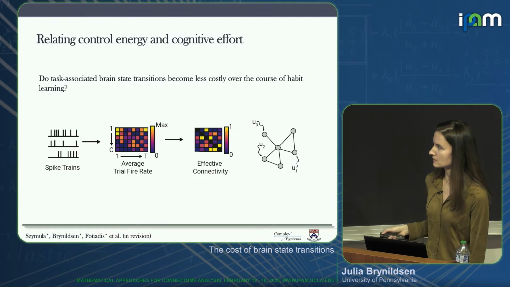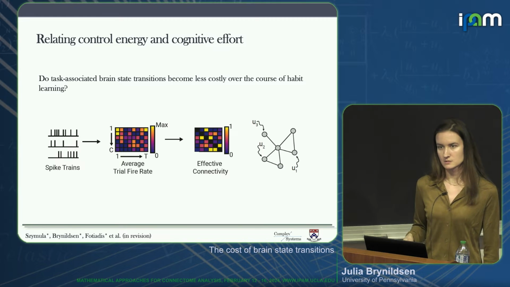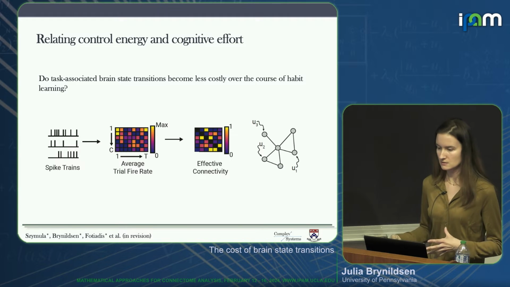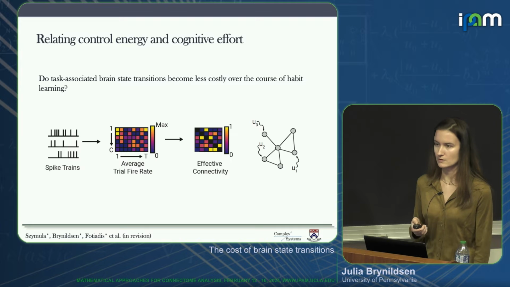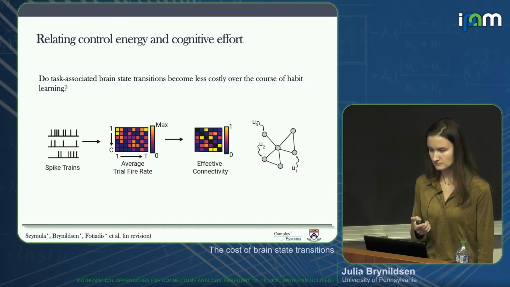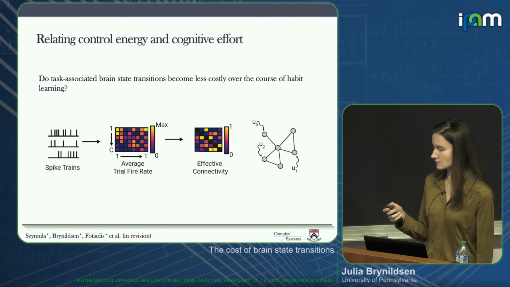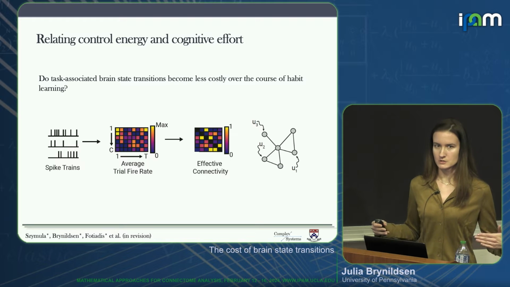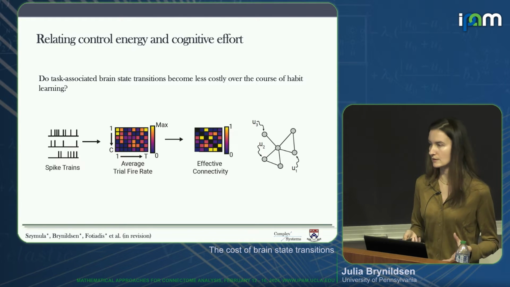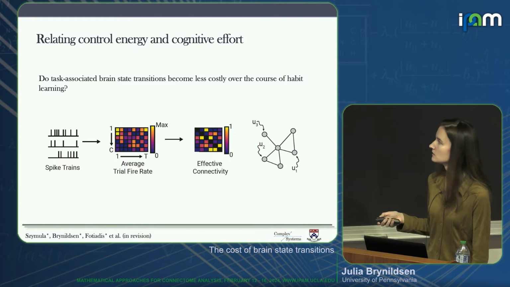So we recorded average firing rate for each channel and then used that to derive an effective connectivity matrix, which we used as the structural matrix for our control analysis. And then the average firing rate across regions served as brain states associated with each trial.